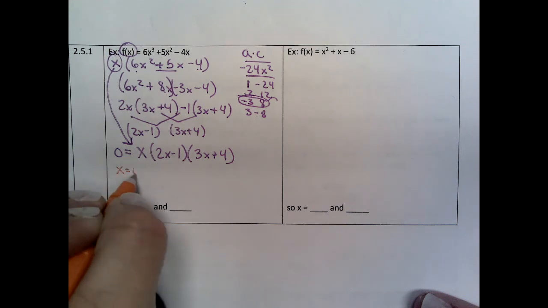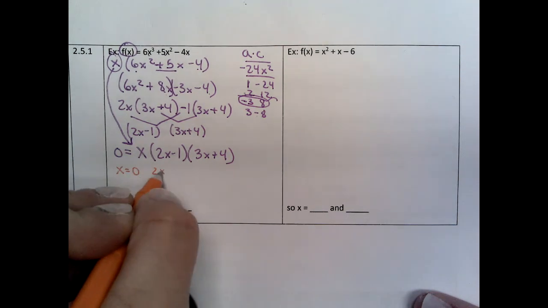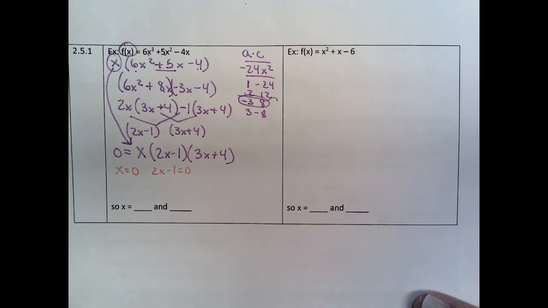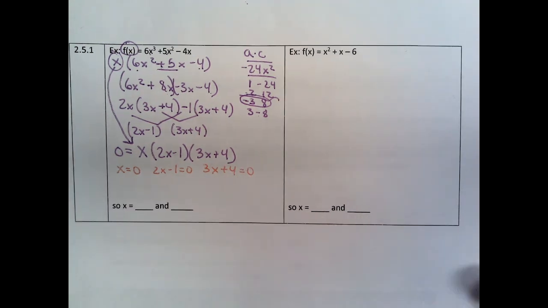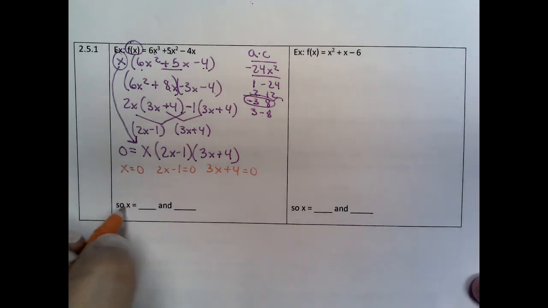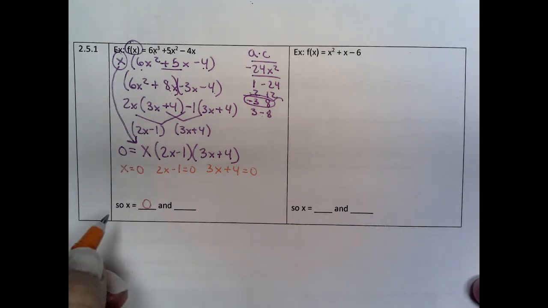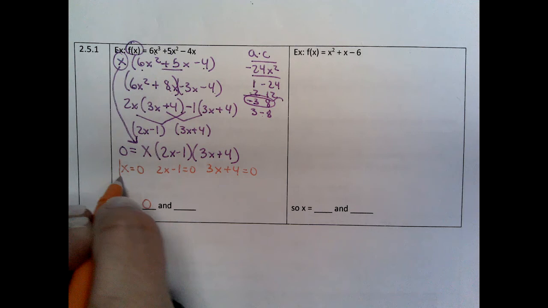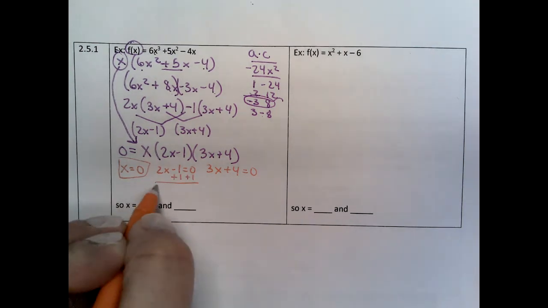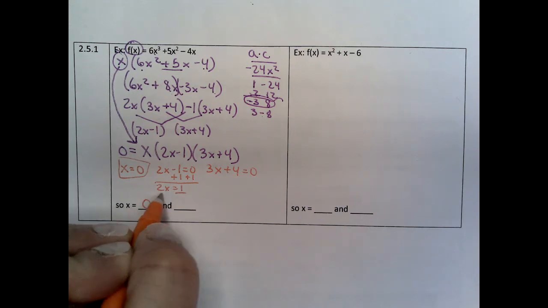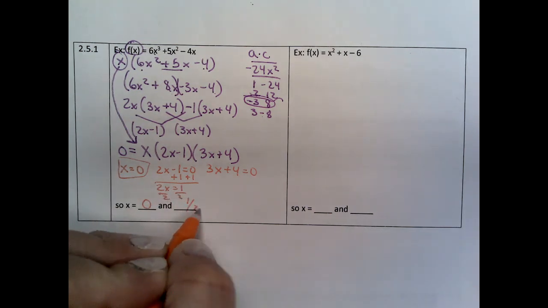So we're going to have x equals 0, 2x minus 1 equals 0, and 3x plus 4 equals 0. Here x should equal 0. That one I don't have to solve. I'm going to solve this one, so add 1 to both sides: 2x equals 1, and divide by 2, so I get 1/2.